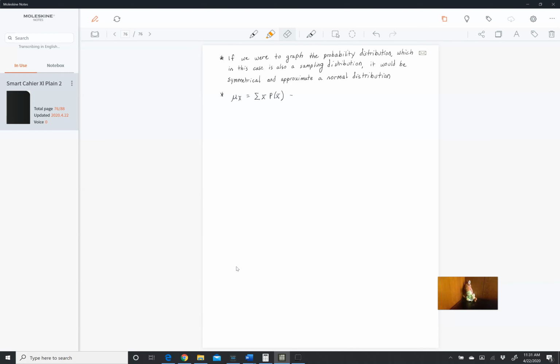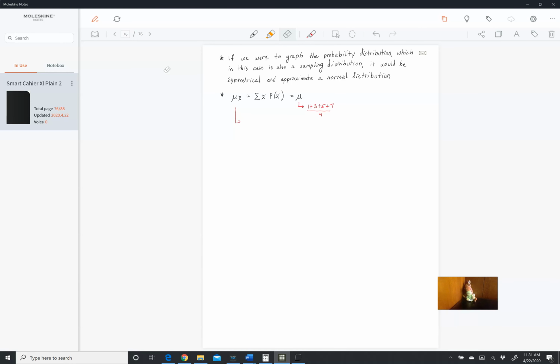And this is also equal to the mean of the population. And so the mean of the population is 1 plus 3 plus 5 plus 7 over 4. That's the mean of your population.